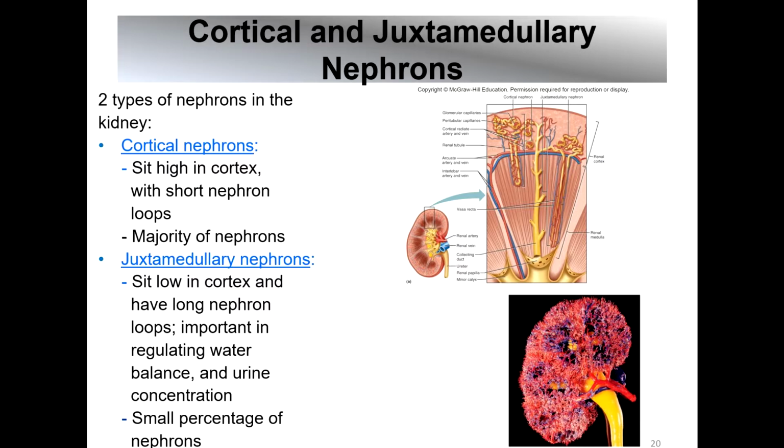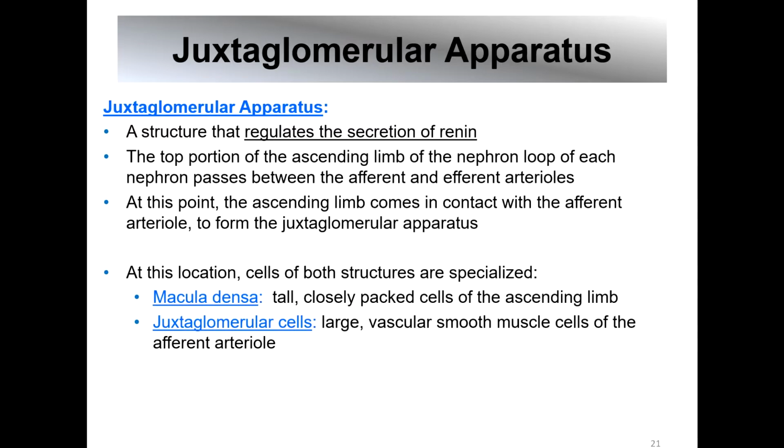And so, although the majority of nephrons are going to be cortical nephrons, we're going to see a lot of the filtration occurs in the juxtamedullary nephrons. They're important for regulating water balance. Good. We also have a juxtaglomerular apparatus.